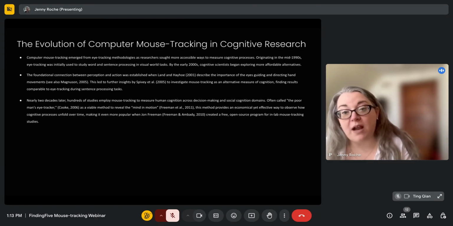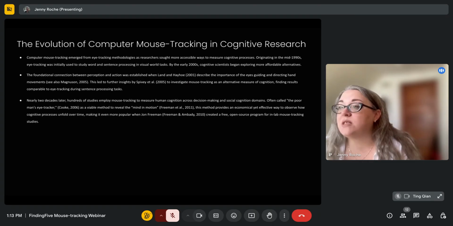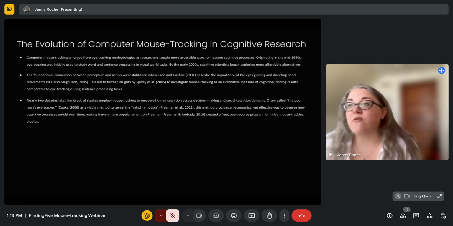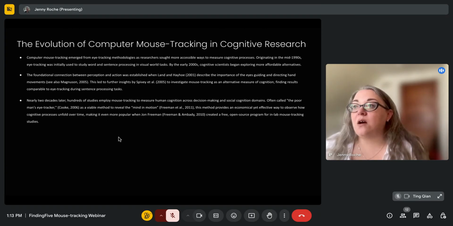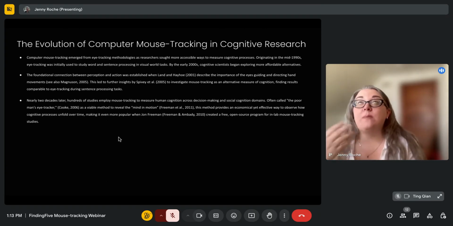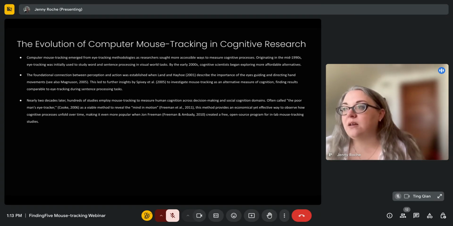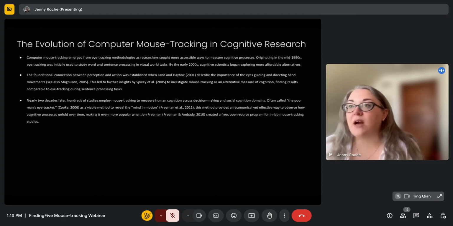It allows us to track what's happening in cognition in real time as someone is making a decision. This method provides an economical yet effective way to observe how cognitive processes unfold over time. It was made more popular by John Freeman around 2010, when he created a free open source program for in-lab mouse tracking studies.